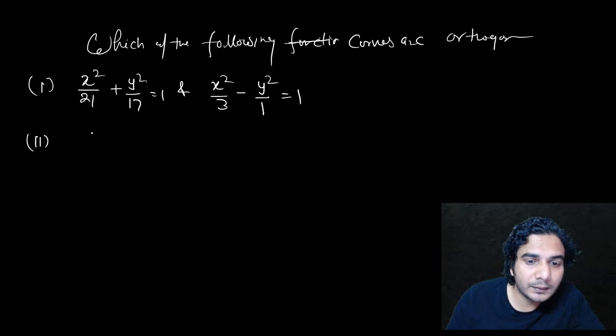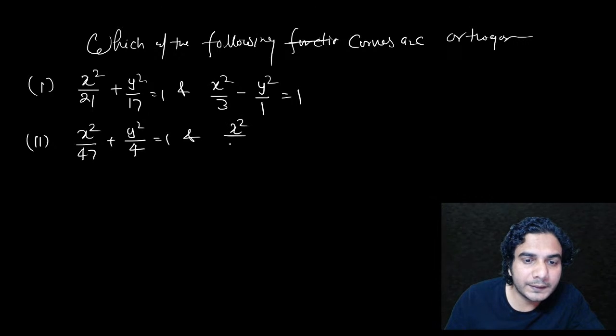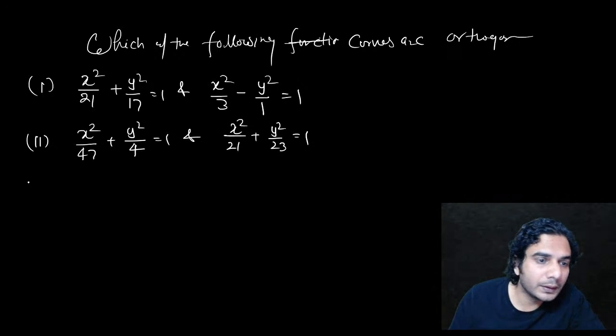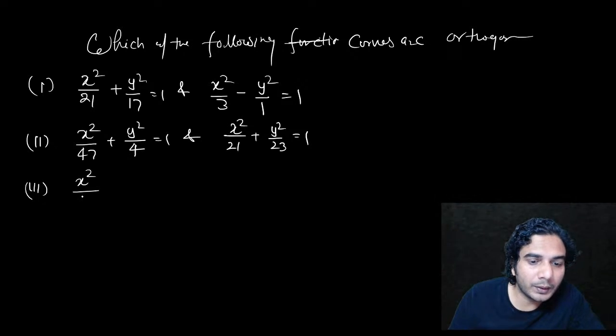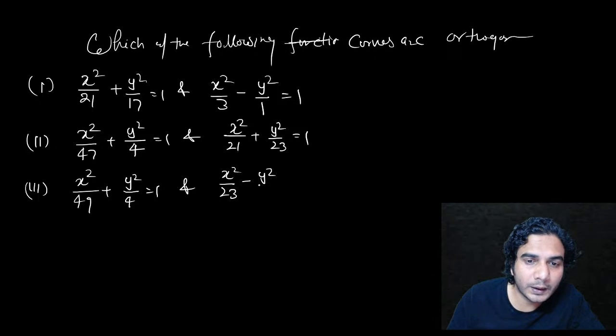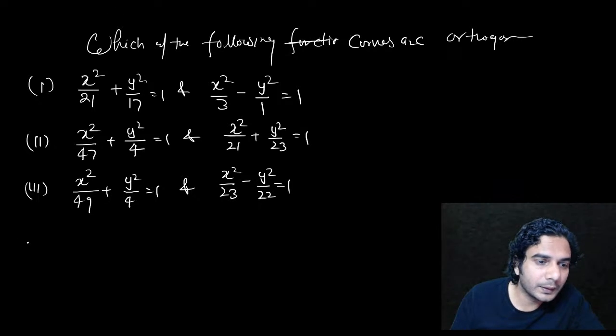Second is x square by 47 plus y square by 4 is equal to 1, and x square by 21 plus y square by 23 is equal to 1. Third is x square upon 49 plus y square upon 4 is equal to 1, and x square by 23 minus y square by 22 is equal to 1.